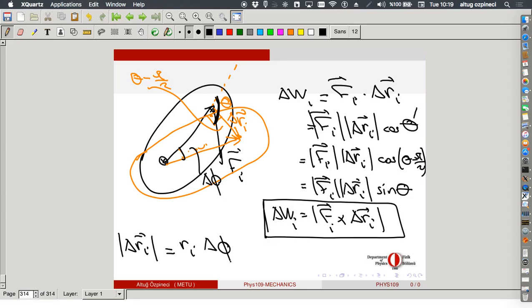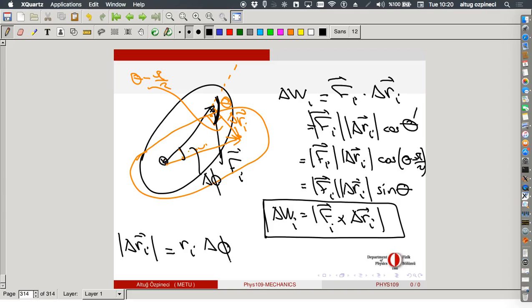Do you agree? Okay, so let's repeat it. I have this rigid object. I'm exerting a force over here in some direction. Let's say at this point I'm pushing it downward. So this point is displaced from here to here.